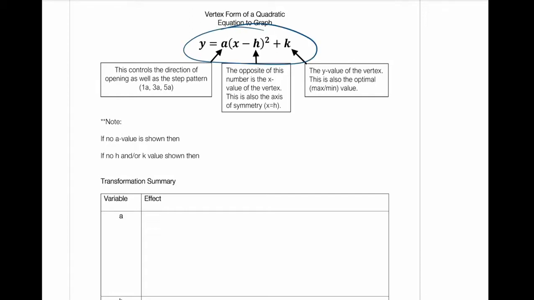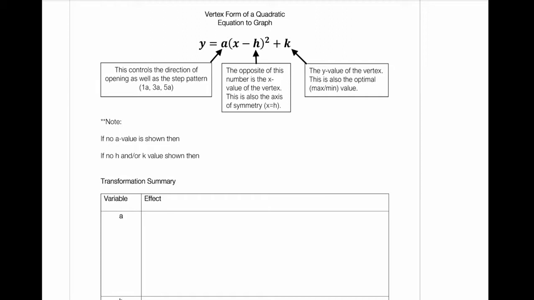It's the overall form that we looked at in the last lesson, y equals a, x minus h squared plus k. The a value controls the direction of the opening as well as the step pattern, the 1a, 3a, 5a that we previously talked about. And we're going to be putting that into use today.